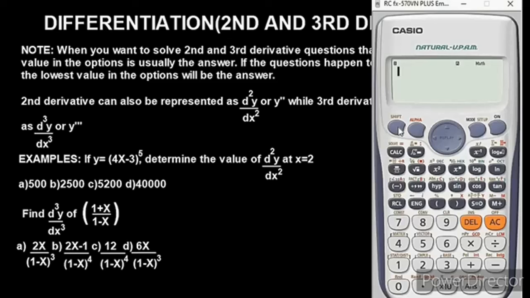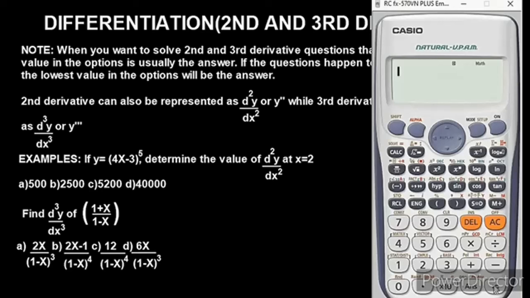So right now, to clear, we press shift, this button, and button 9. The instruction to clear: you also press 3, equal to, again. So the calculator has been cleared.